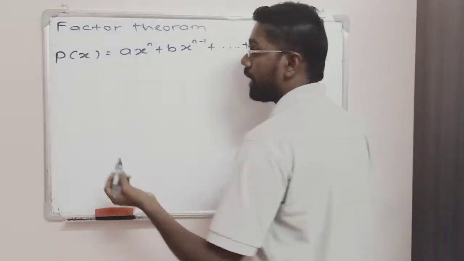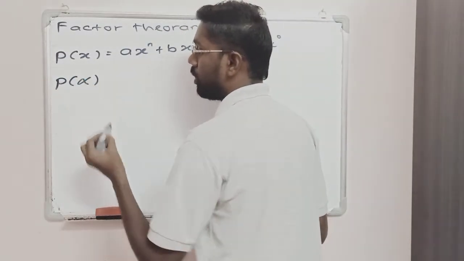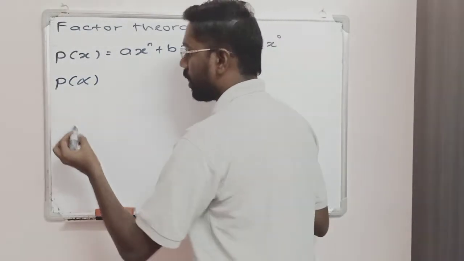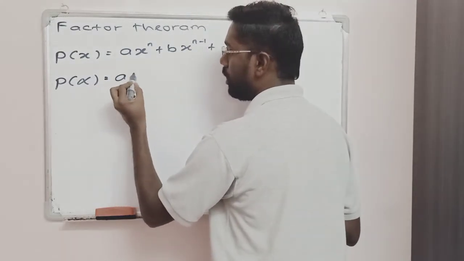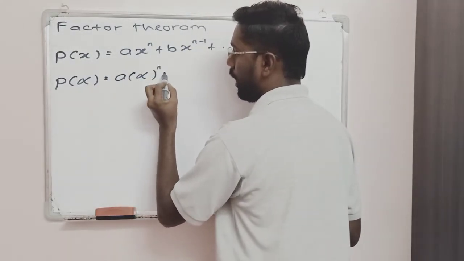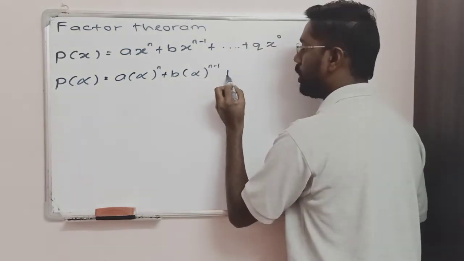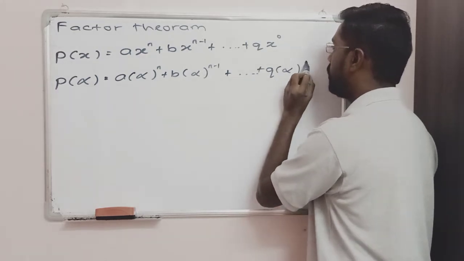Let's say I give you a value P(alpha). I just substitute a constant value, so P(alpha) is going to be a alpha to the power of n plus b alpha to the power of n minus 1, up to q alpha to the power of 0.